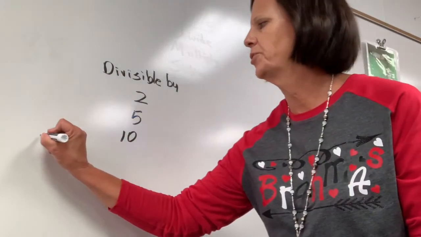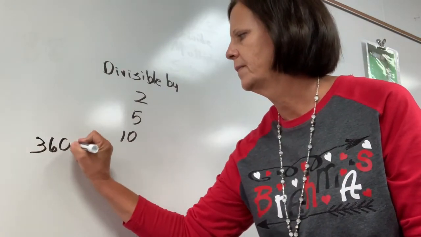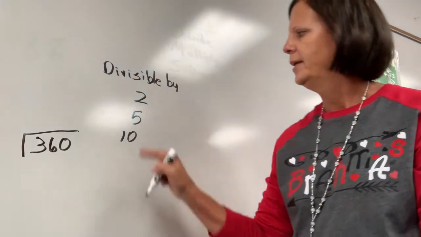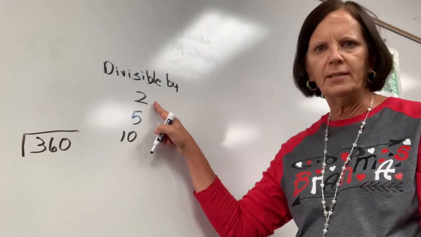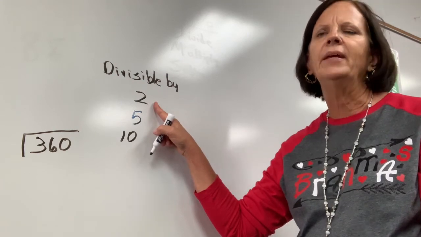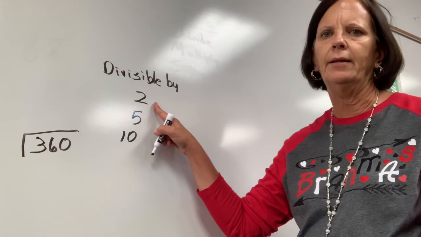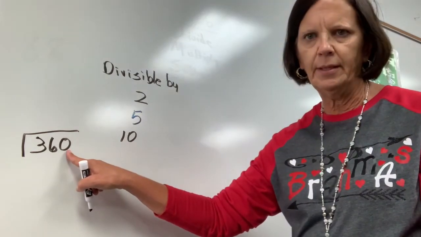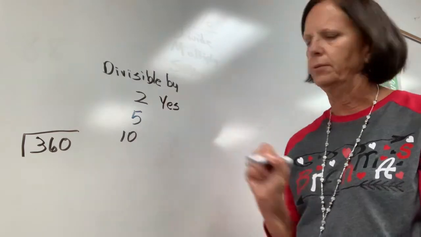If I had 360, and I wanted to know, is it divisible by 2? Remember, for it to be divisible by 2, it's gotta be an even number or end in a 2, 4, 6, 8, or 0. This one ends in a 0, so I can say, yes, it's divisible by 2.